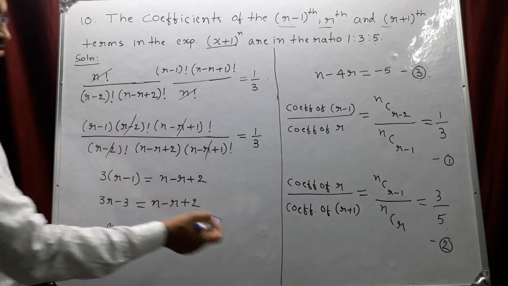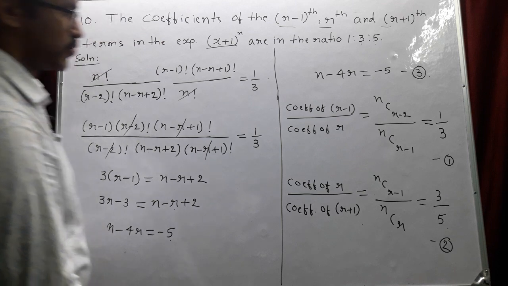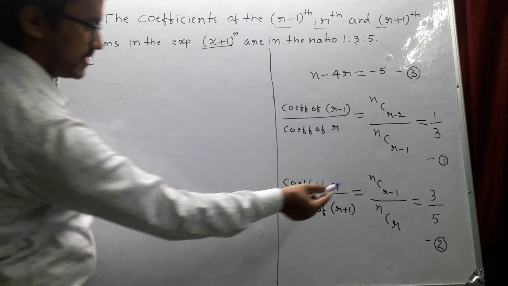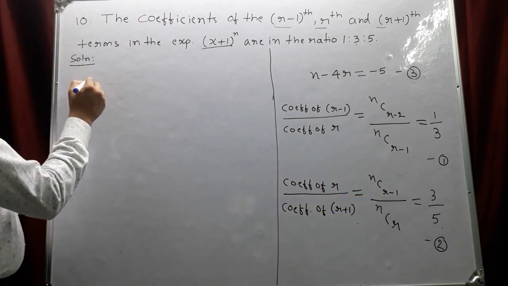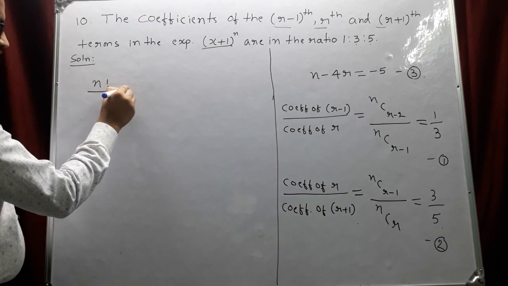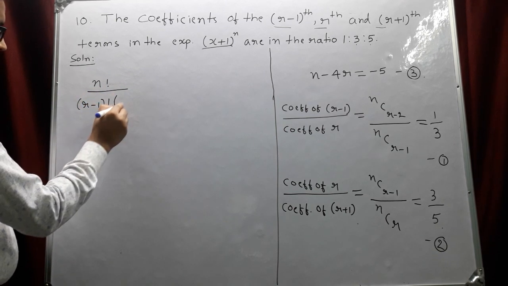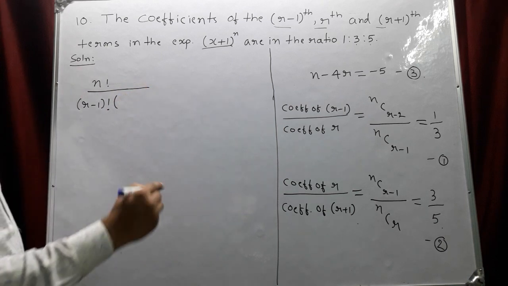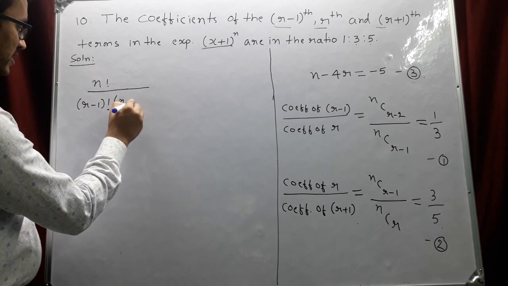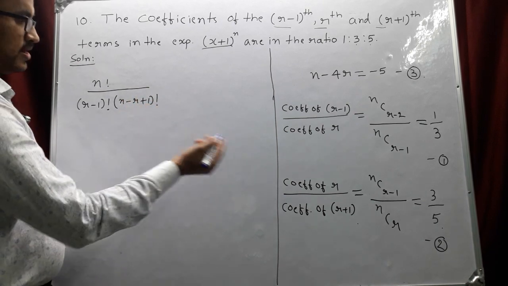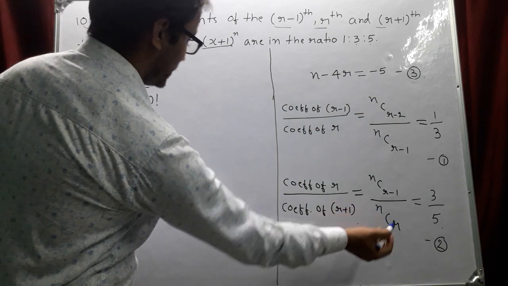So similarly, we have to simplify equation 2. If we simplify equation second, so what we have here, nC(r minus 1). So that can be written as n factorial by r minus 1 factorial into n minus r minus 1, that is n minus r plus 1 factorial, divided by what we have, nCr.